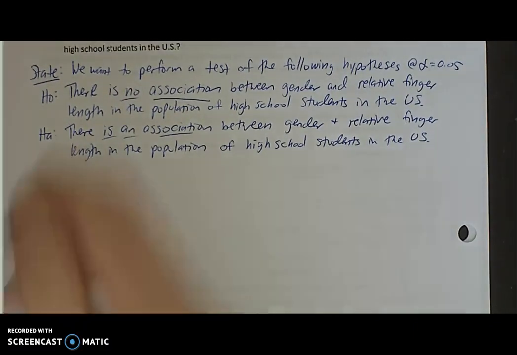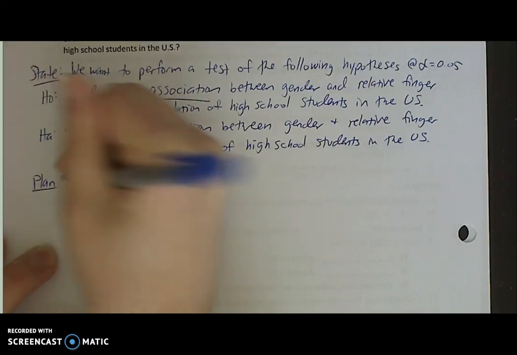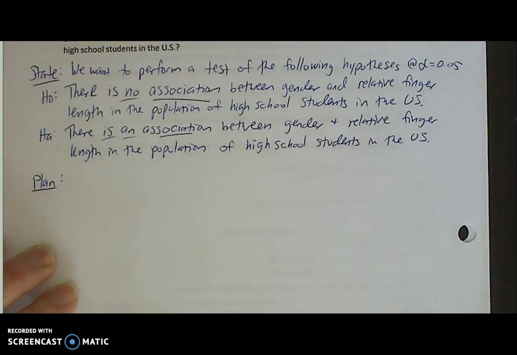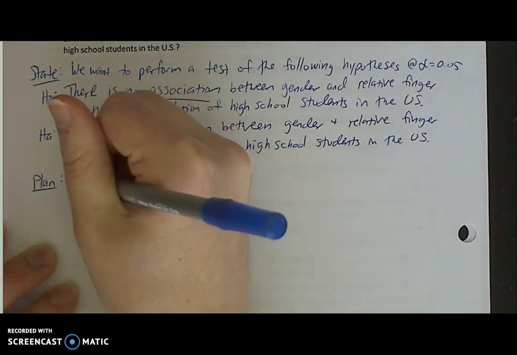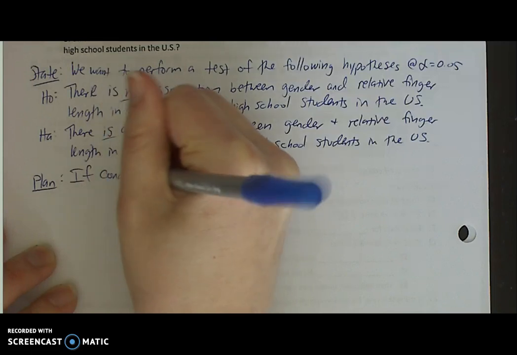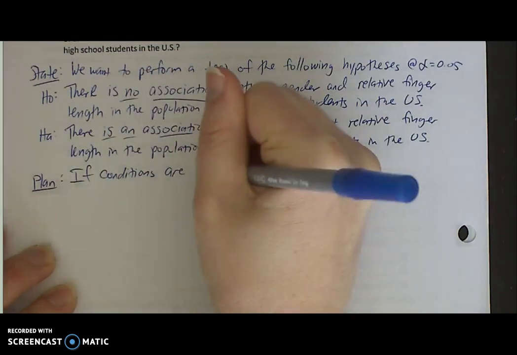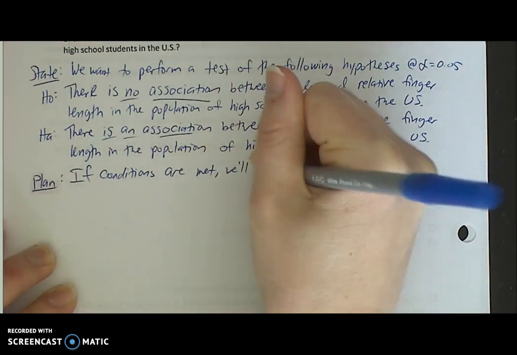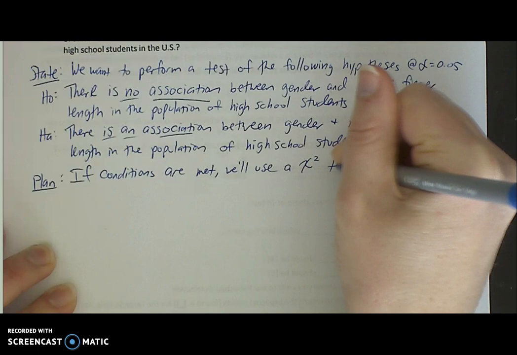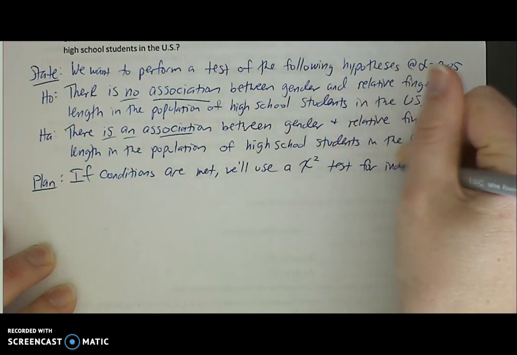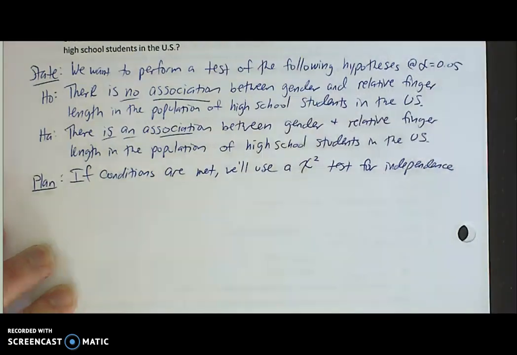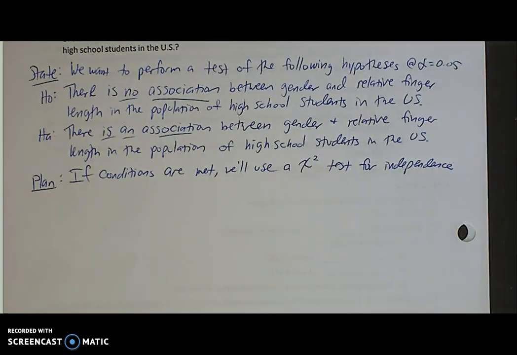Okay, so let's go over here. What are we going to use? If our conditions are met, we are going to use a chi-square test for independence. You could also say for association, and it would mean the same thing. And now we need to check our 3 conditions.